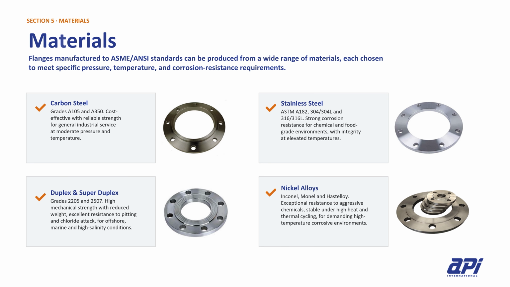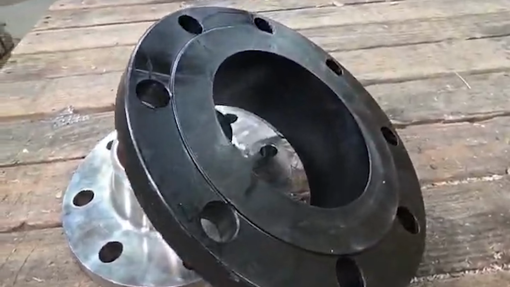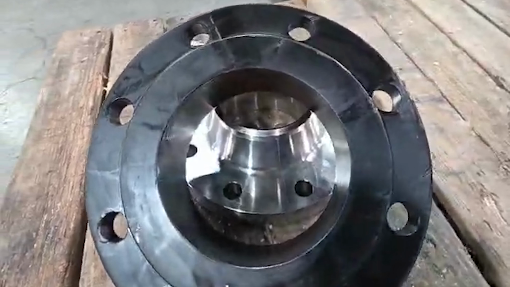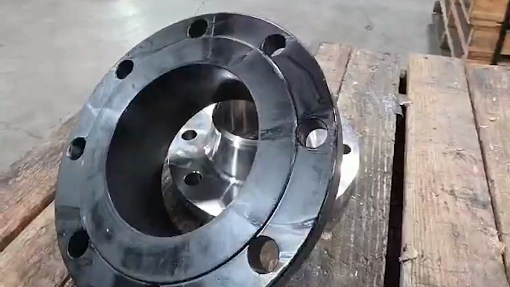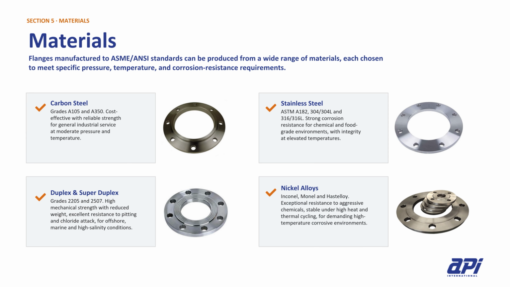Flange material plays a huge role in system applications. Carbon steel in grades A105 and A350 is a cost-effective option for general service. Stainless steel, such as A182, in 304 and 316 grades adds strong corrosion resistance for chemical and food grade environments.